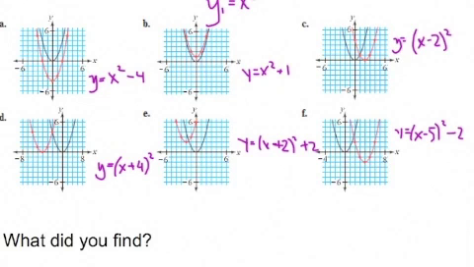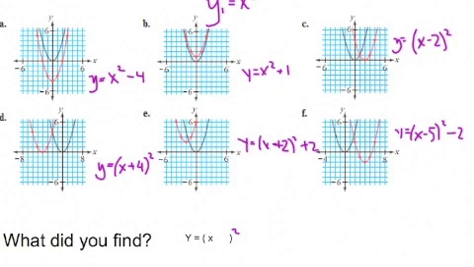When I added a number, my parabola is shifting up. So I can almost conclude this. If I happen to have y equals parentheses x, and then I'll leave the rest of this blank for now, squared, and my computer cannot put in squares, so I have to actually write it in by hand.